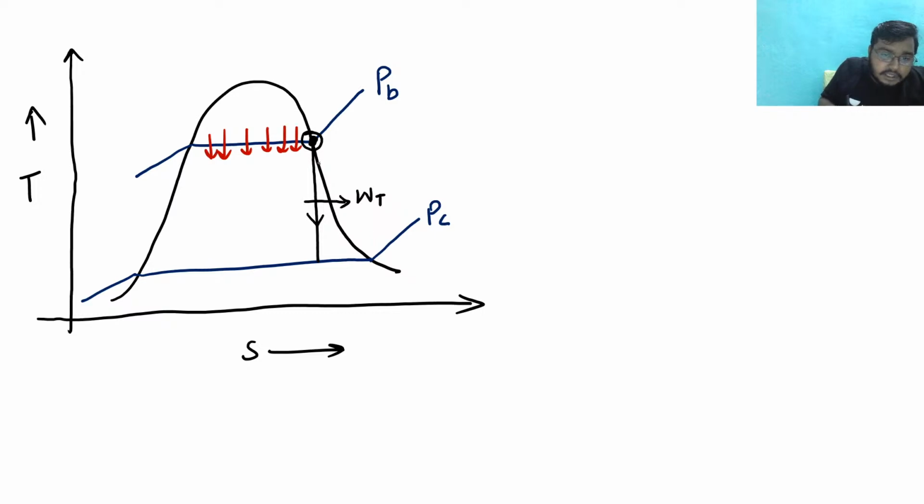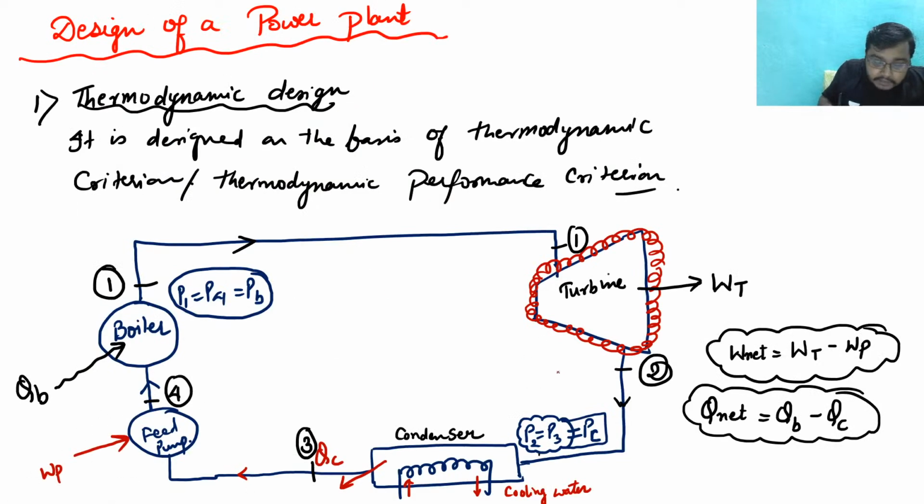Now see, after it reaches the turbine, it is state 2. So from state 2 to state 3, this water is fed to the condenser.